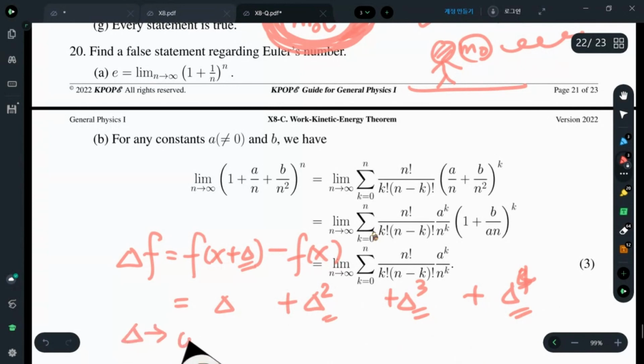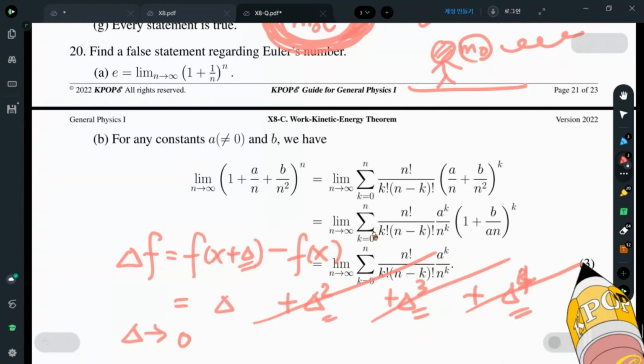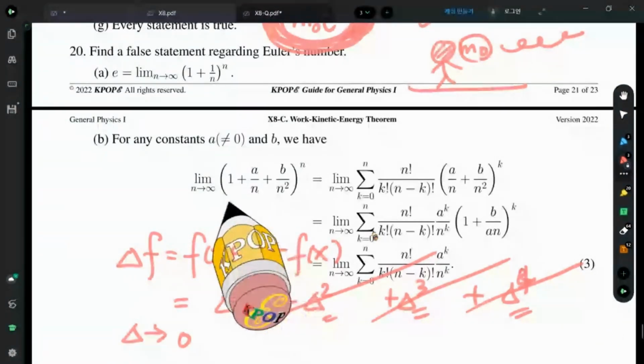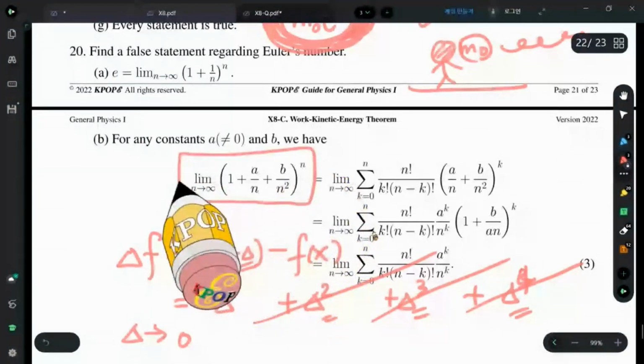However, as the delta goes to 0, these all disappear. That is well explained in this expression.